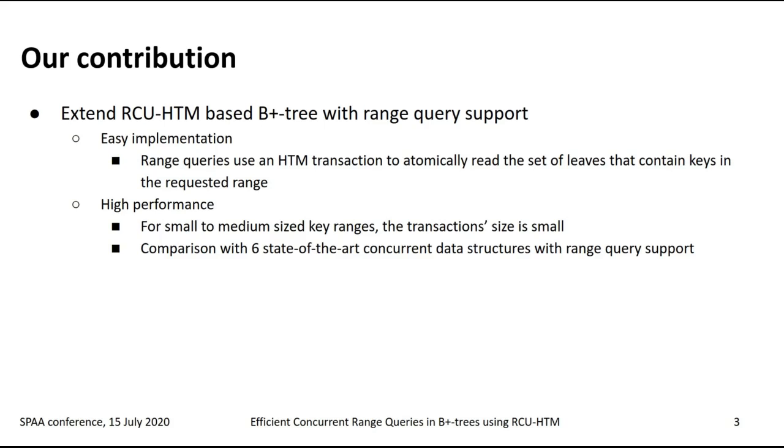At the same time, it provides very high performance, especially for small to medium-sized key ranges, where the transactions that are executed are small, both in terms of memory and in time duration. We validate the high performance of our range query operation by comparing with 6 state-of-the-art concurrent data structures with range query support.